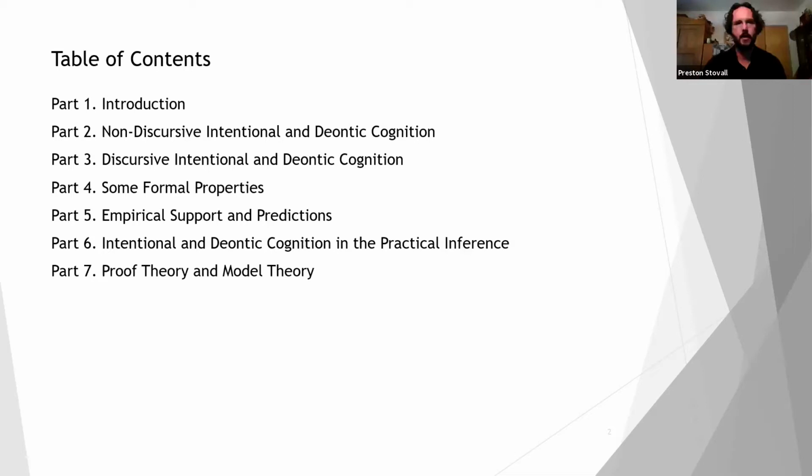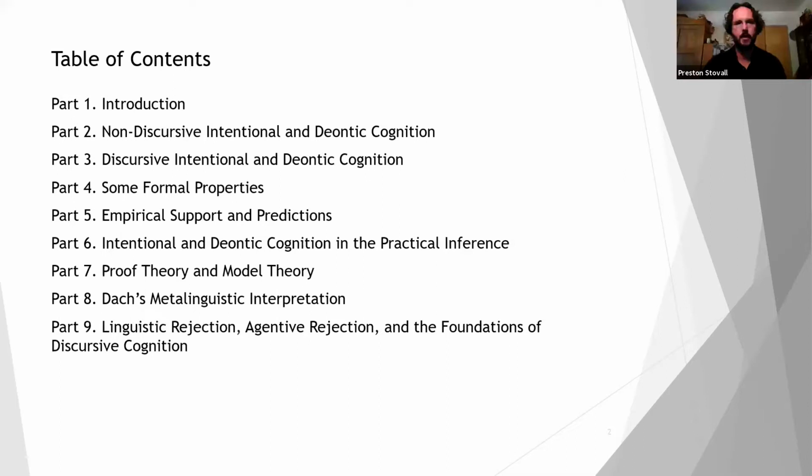Okay, so I'll look at proof theory and model theory. I'm then going to look at Stephanie's metalinguistic interpretation of Sellars' account of shared intentionality. She's published this essay recently. I think it's a great reading. A number of us have discussed it, so I'm going to discuss that quickly and try to slot it into the view I'm developing, particularly with regards to the relationship between proof theory and model theory. I'm then going to look at a proof theory account advanced by Luca Incurvati and Julian Schroeder, and argue that their notion of rejection can be seen as something similar to what I'm doing.